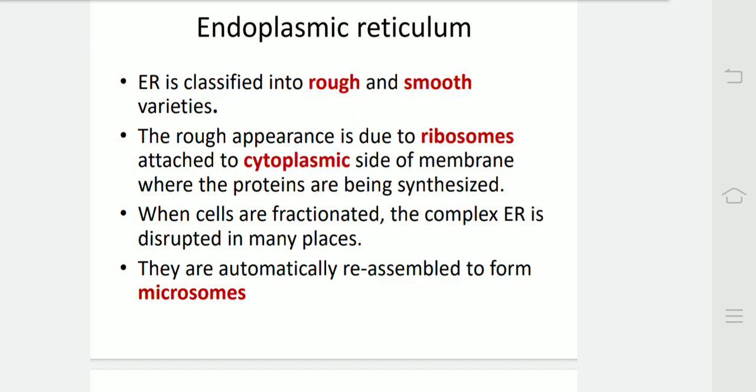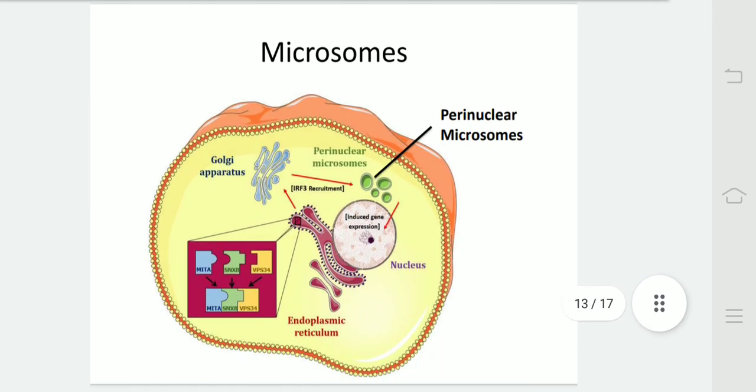When the cells are fractionated, the complex endoplasmic reticulum is disrupted in places and automatically reassembled to form microsomes. Here you can see the green color as perinuclear microsomes.